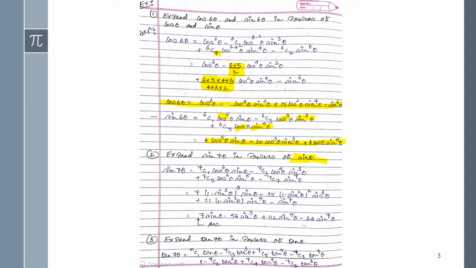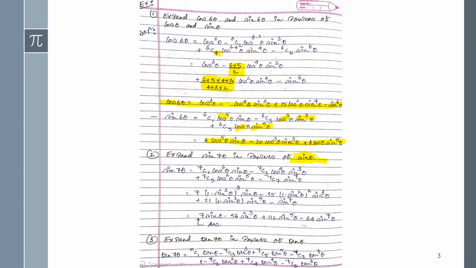So here whatever terms you are getting, suppose if I talk about sin 6 theta, okay, here in place of cos theta, you have to convert into the sin theta form. Okay, so whatever answer we get for sin 7 theta, you have to convert into the sin form.